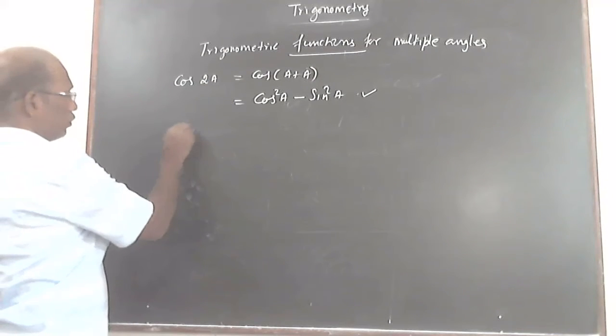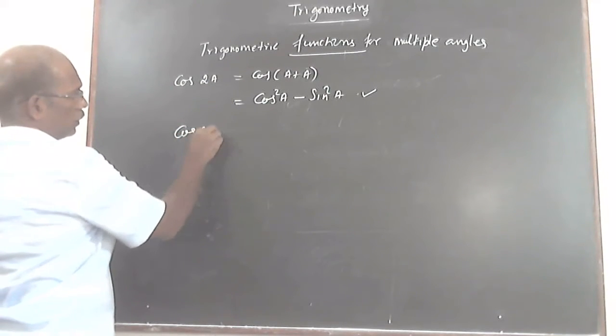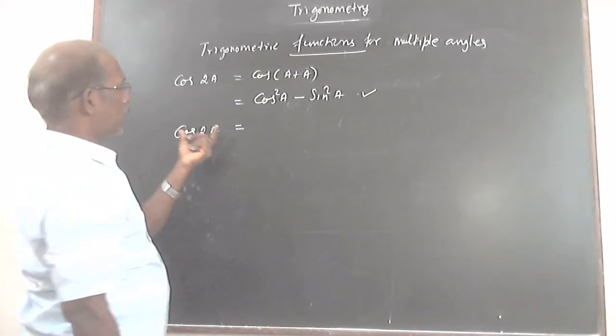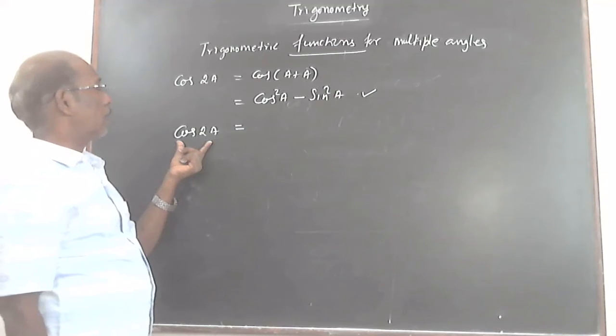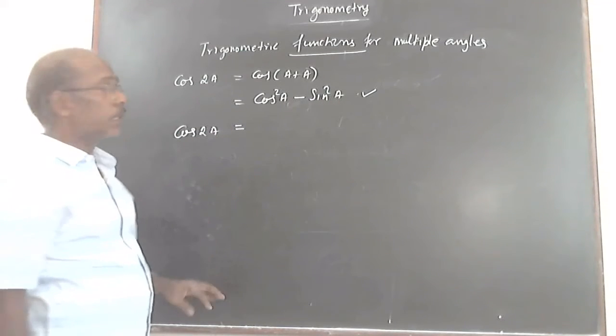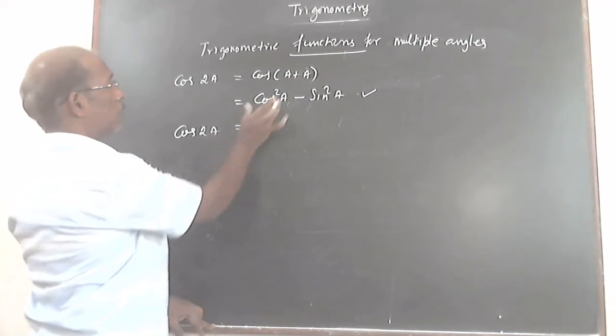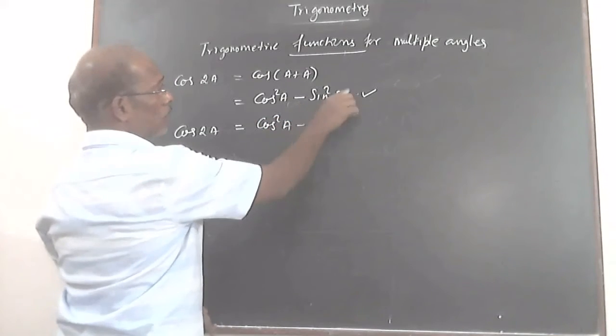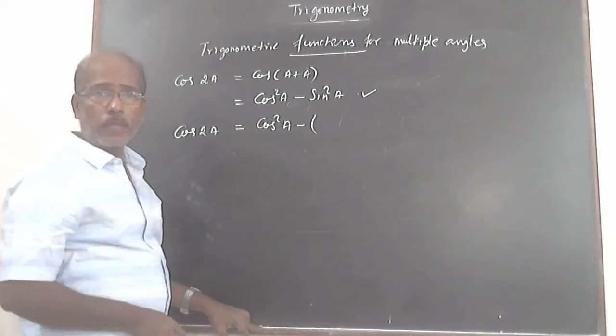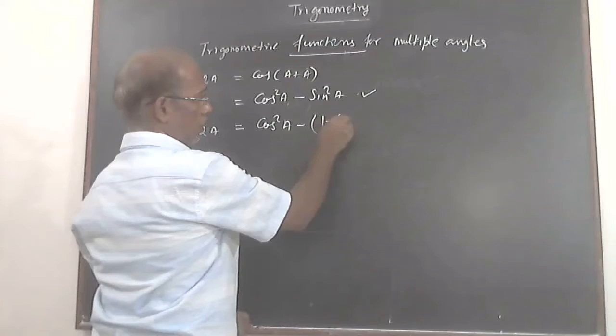Dear student, the same cos 2a can be expressed only in terms of cos, or only in terms of sin. To express only in terms of cos, we retain cos square a, and instead of sin square a, we take 1 minus cos square a.